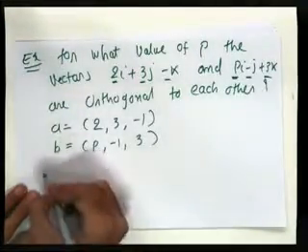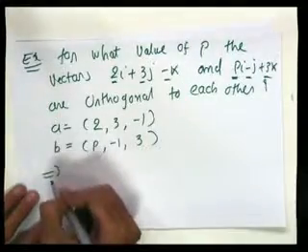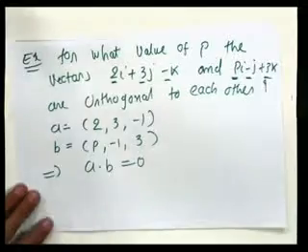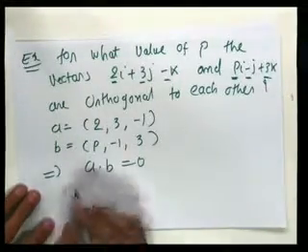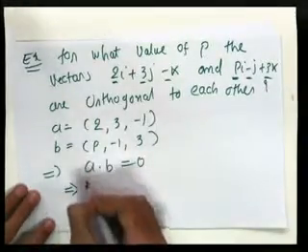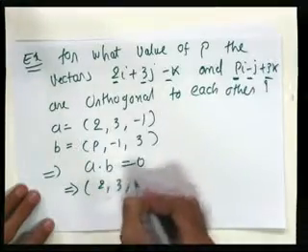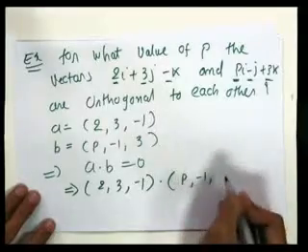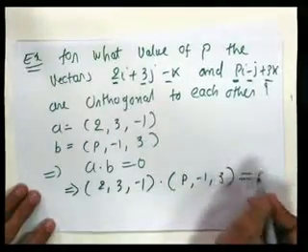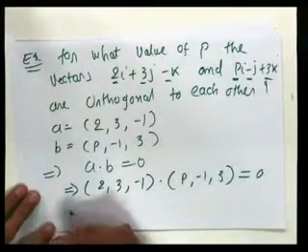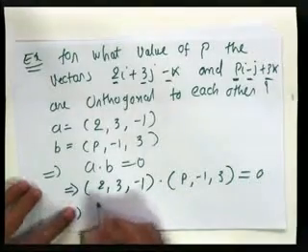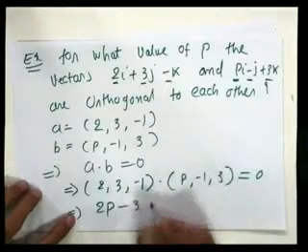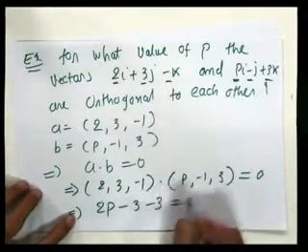So we know that if these vectors are orthogonal to each other, then a dot b must be equal to 0. So we will take here 2 3 minus 1 dot p minus 1 3 is equal to 0, which implies 2p minus 3 is equal to 0.